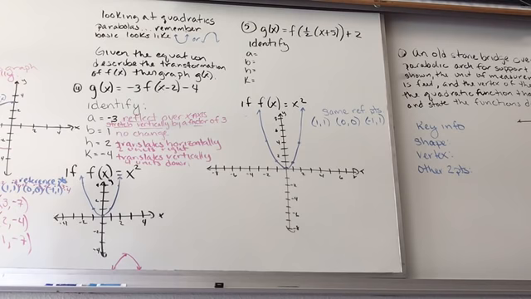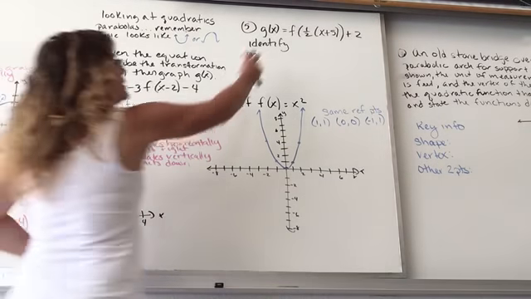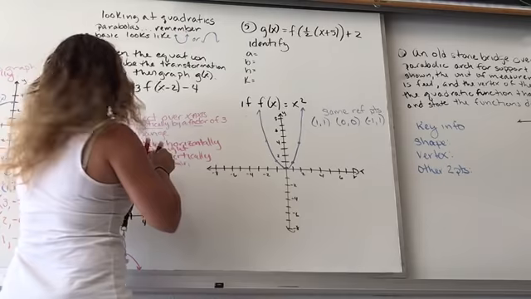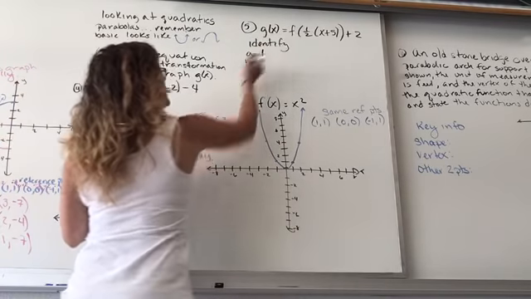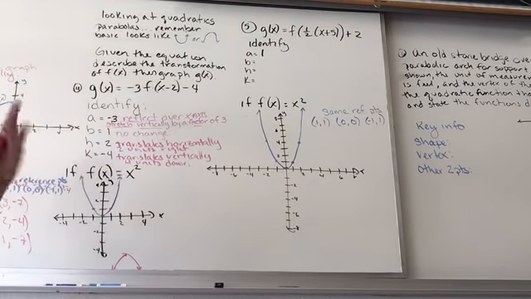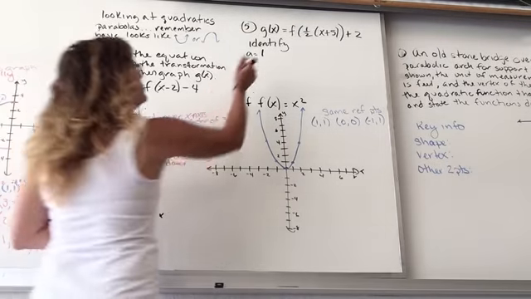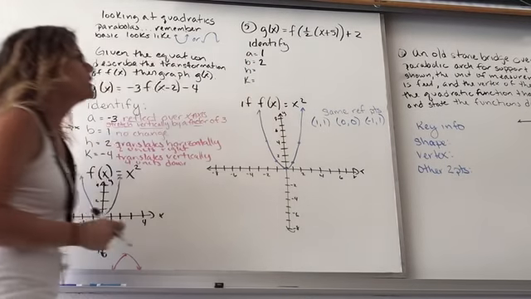So we're looking at what this graph is doing. We need to identify a, b, h, and k. Since there is no value out here, our a value is simply 1. Our b value, remember it's written as 1 over b, so b in this case is 2.